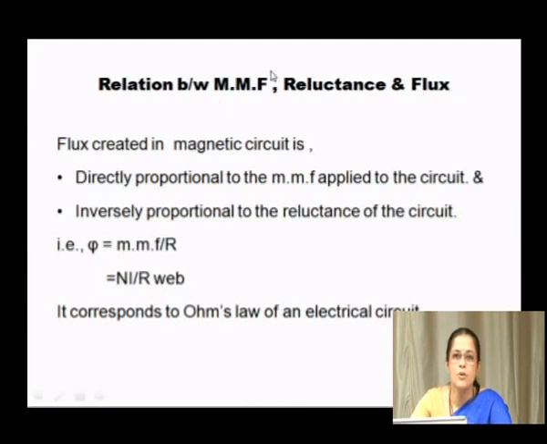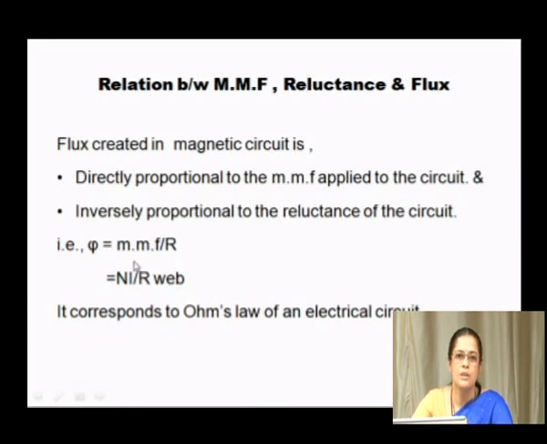Magnetomotive force is responsible for setting up of the flux, and there will always be some opposition to the creation of this flux from the magnetic material, and that is the reluctance. So, combining them, phi, that is the flux, is equal to M.M.F by R.